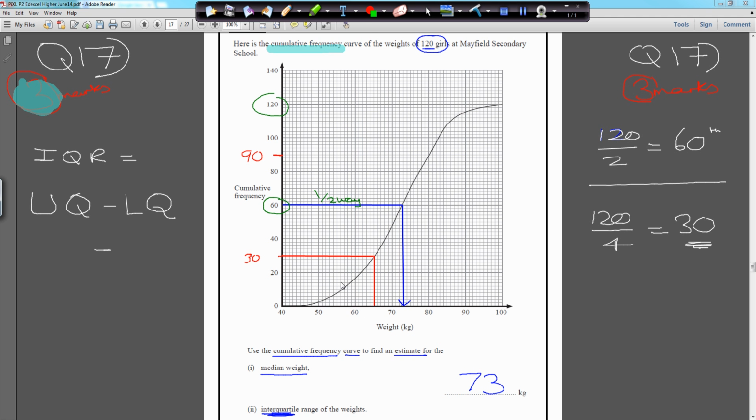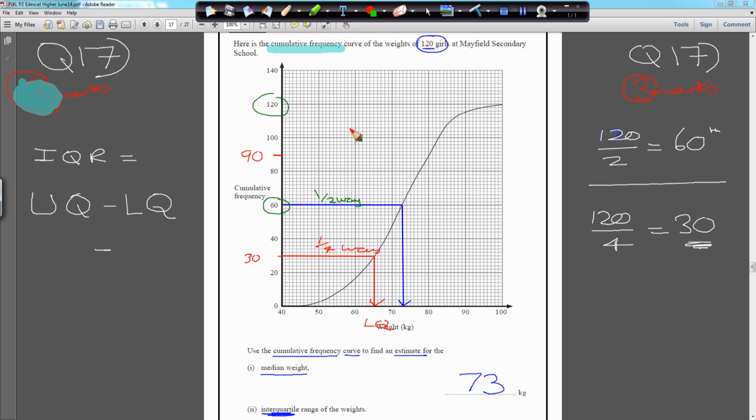That's beautiful. So this is a quarter of the way up, a quarter of the data. The lower quartile is not this value here, but this value here. This is the lower quartile value, the LQ.